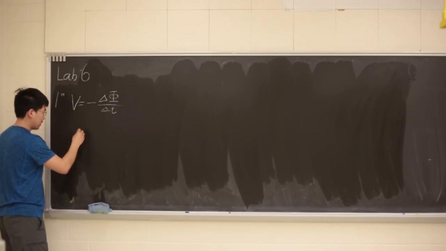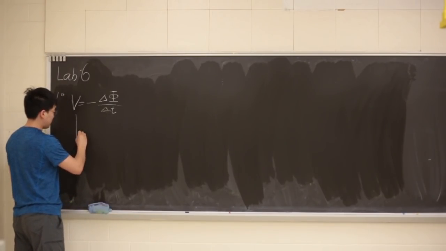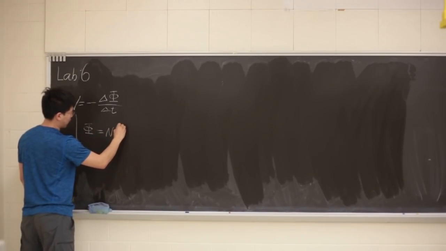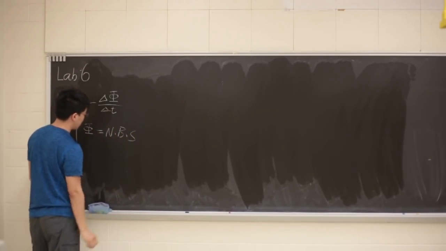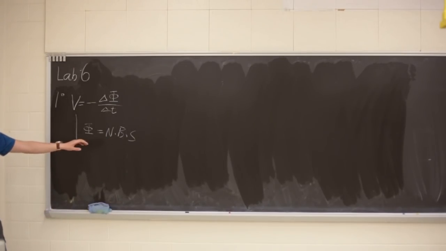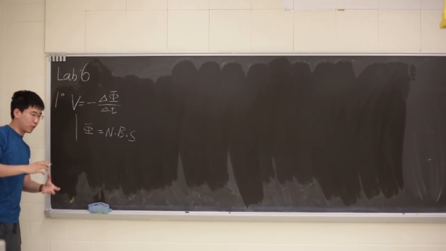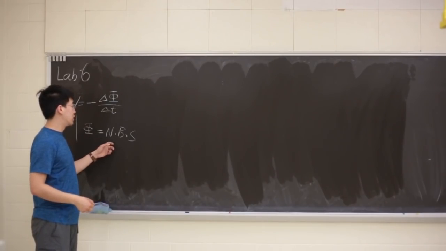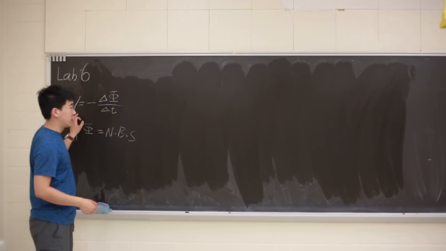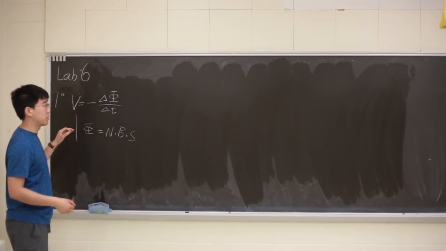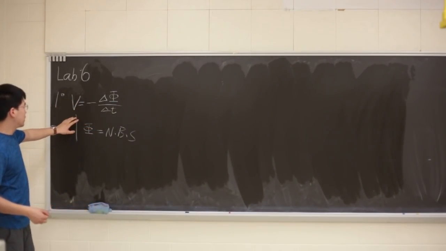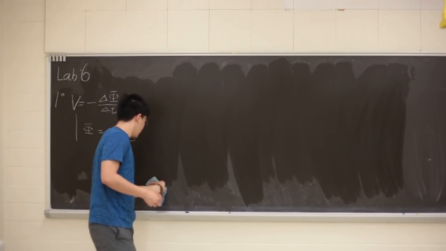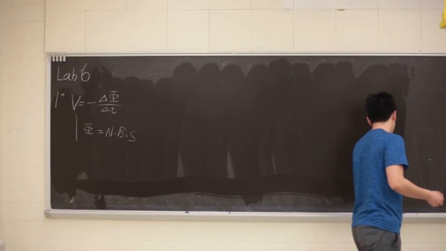You know that it equals N dot B dot S. So N is how many turns the coil has that is turning to generate the voltage, B is the strength of the magnetic field, and S is the area of the coil.